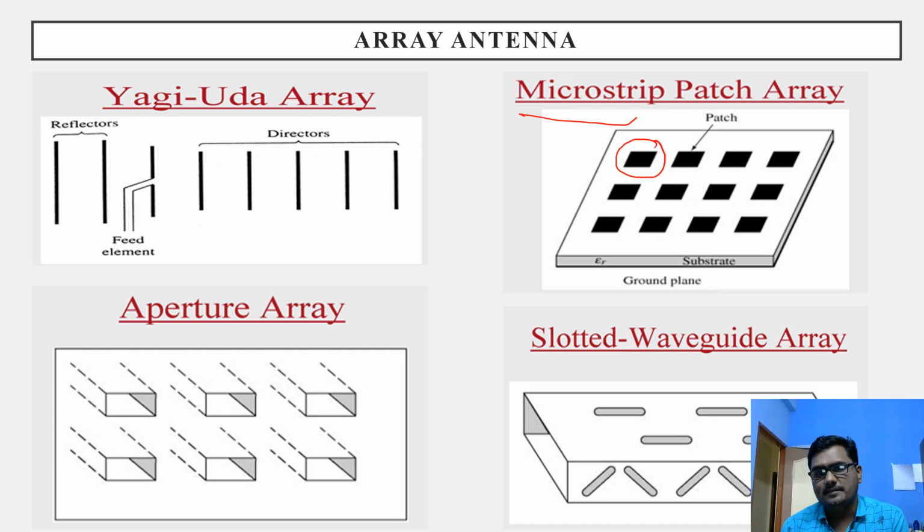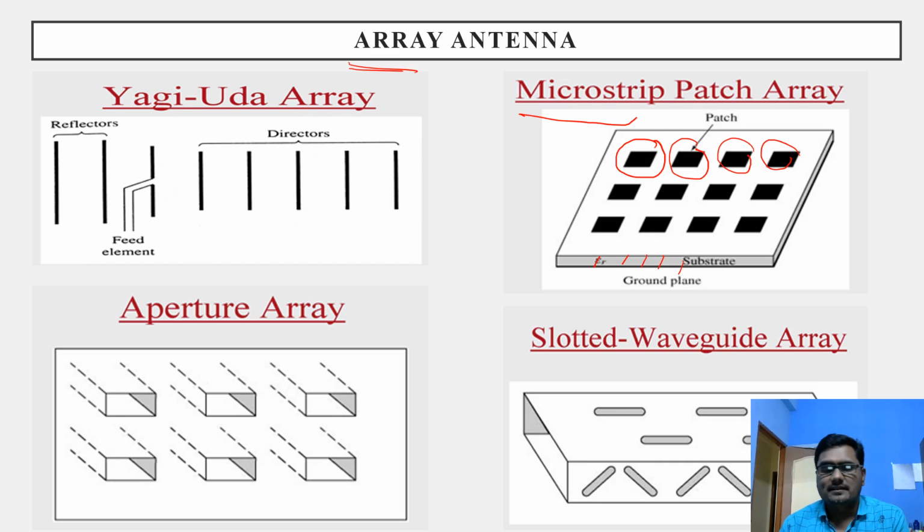Now instead of only one patch, let me have so many patches on a single substrate. Look at this, on a single substrate I have 1 2 3 4 5 6 7 8 9 so many patch antennas. So it is a collection of so many radiating elements. So this thing is called an array.